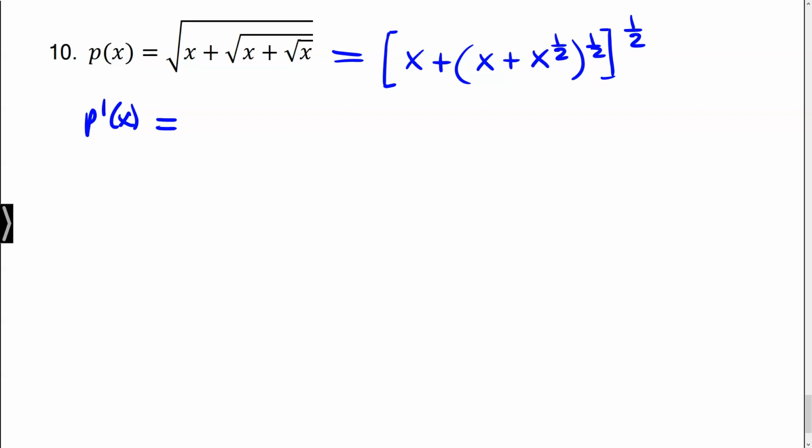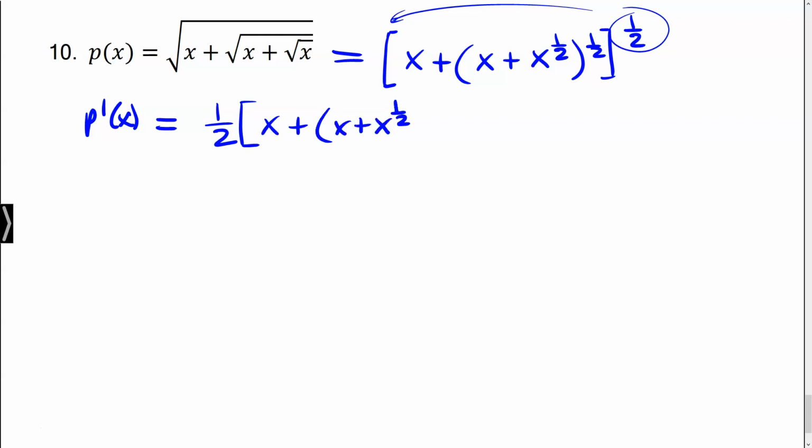So let's see what the derivative is here. So it's going to be 1/2. Going to come all the way out in front. So 1/2 x plus x to the 1/2 to the 1/2, all of this to the minus 1/2.